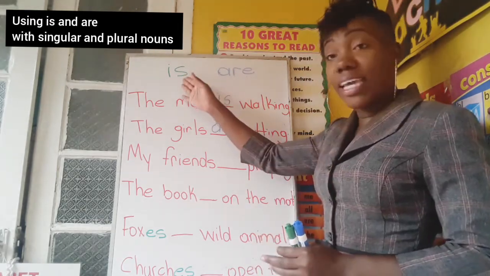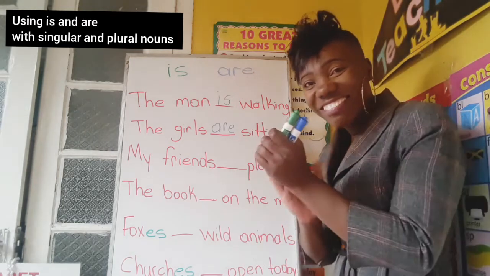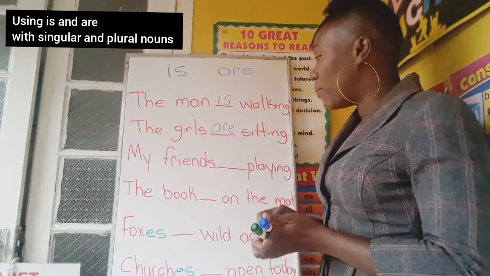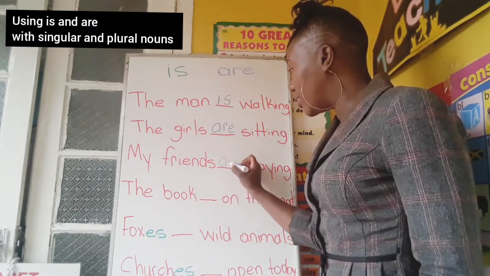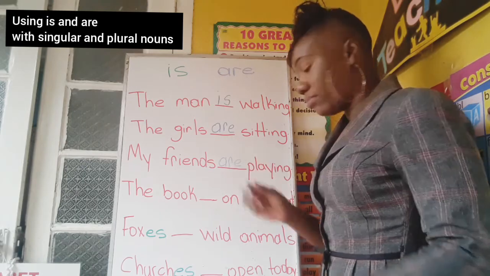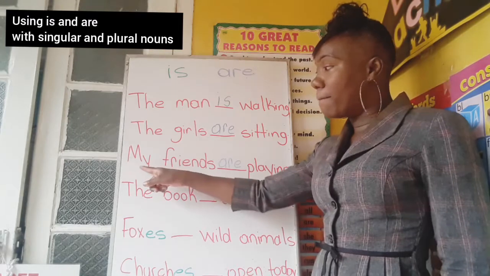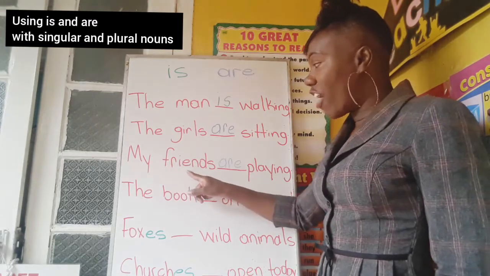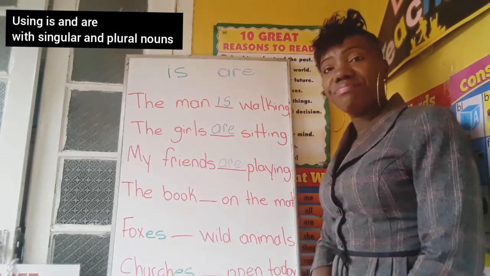Are we going to use is or are we going to use are? Very good. Are, because it's plural nouns. More than one, friends. Now, let's read now. My friends are playing.